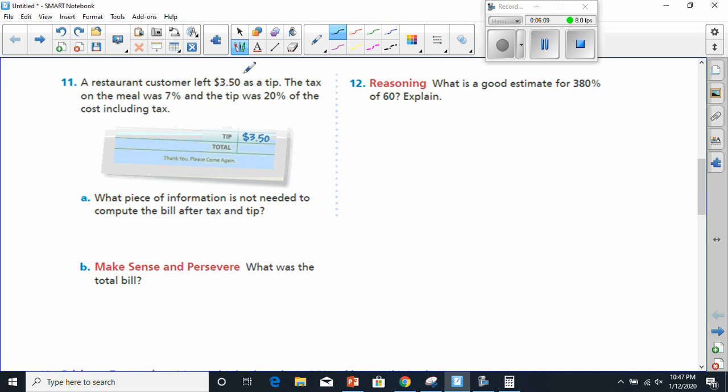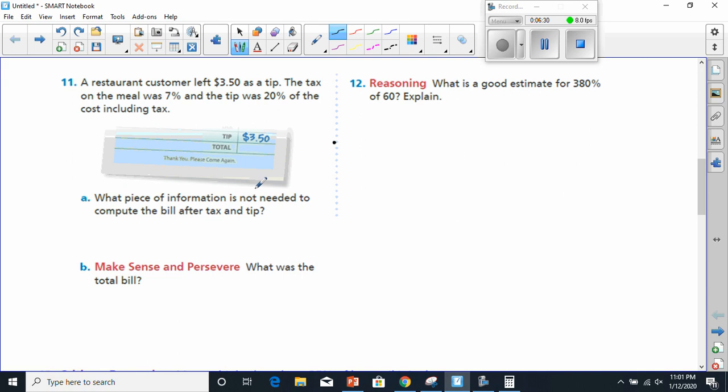I would say that they don't need to really know. So in reading this, we see that the restaurant customer left $3.50 as a tip. The tax on the meal was 7%. The tip was 20% of the cost.